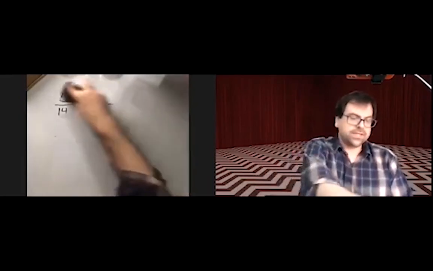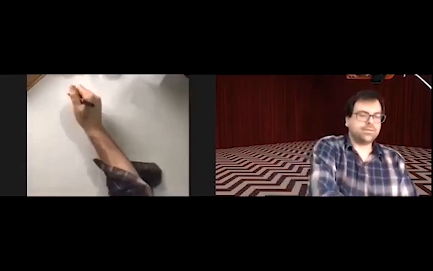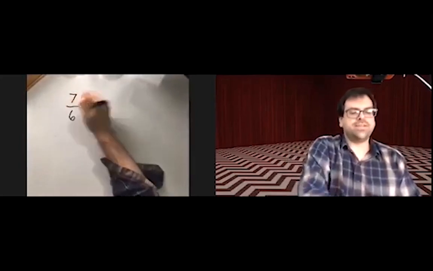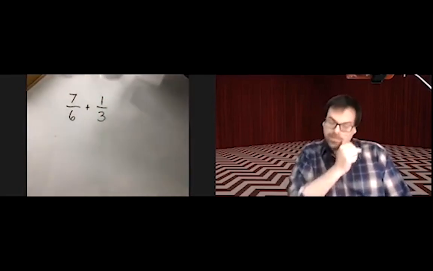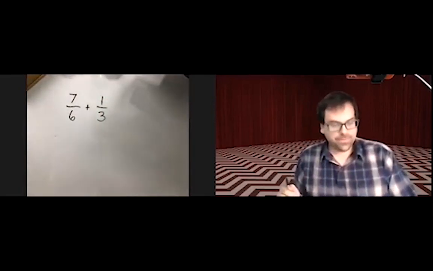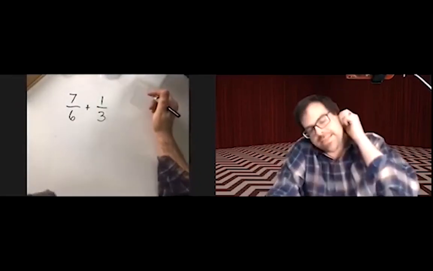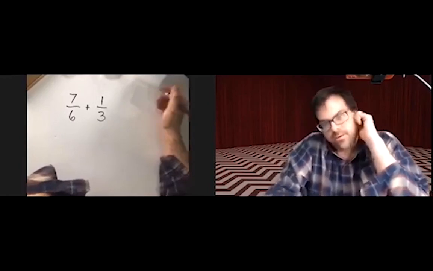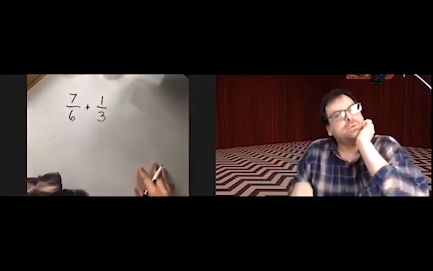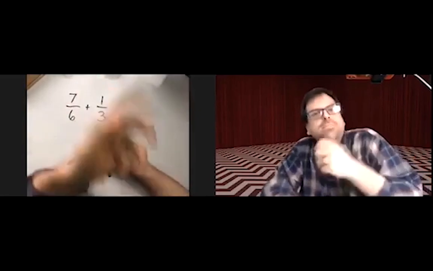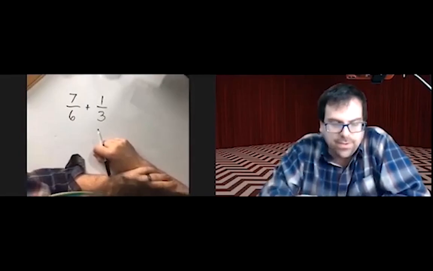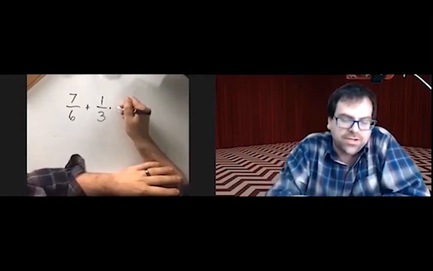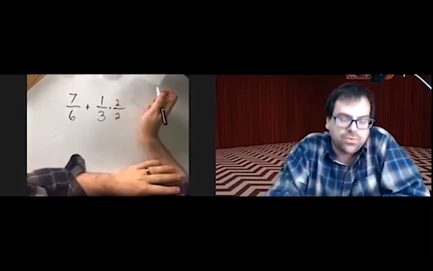Another one, we're drilling this process into our brains. Process is not changing. 7/6 plus 1/3. Instead of going that whole least common multiple route, I want to show you this. We can multiply anything by 1 without changing it, right? So what if we multiplied this fraction by 2 over 2?